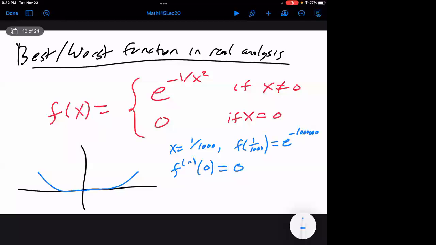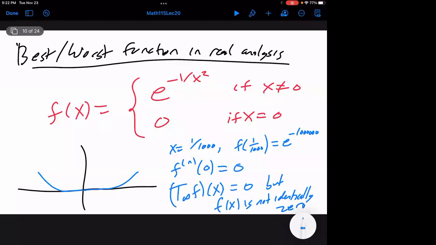So all of the derivatives are 0 at 0, but the function is not identically 0. So for this function, its Taylor series is the function that's identically 0, but f of x is not identically 0.